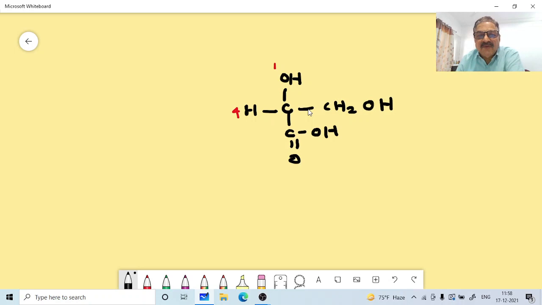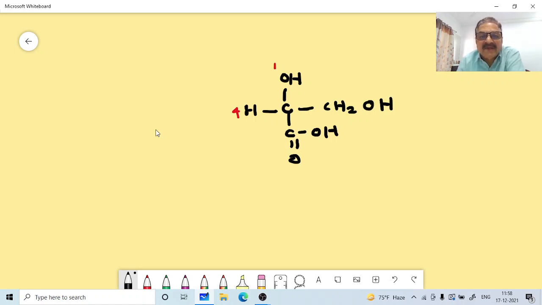Now, out of the CH2OH and COH, which will be number 2? Priority number 2 will be the COH group, because this carbon is considered bonded to 3 oxygen atoms. This carbon already has 2 oxygens here. So this double bond in the carbonyl group will be added to 1 more oxygen.